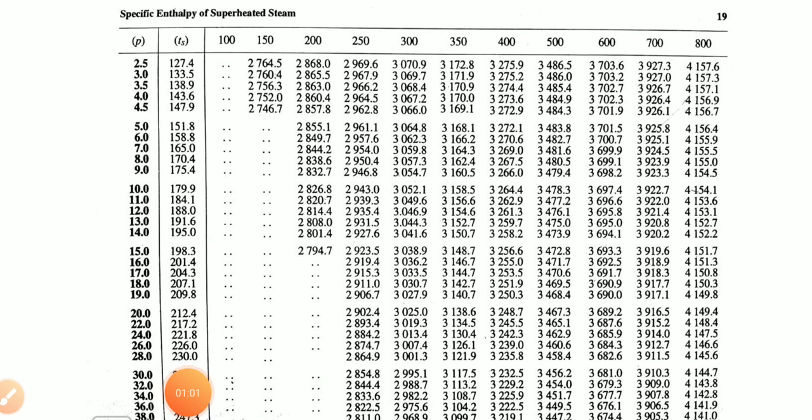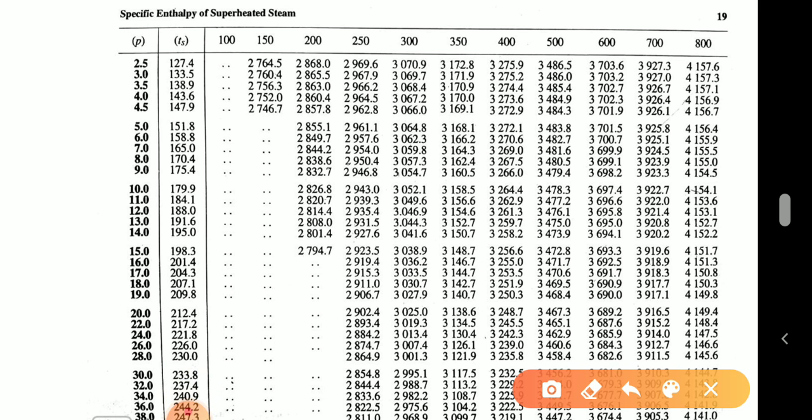So now we will draw the TS diagram of a Rankine cycle. Before drawing the TS diagram, we have to look into the position of state 1, the steam entering the turbine, whether it is superheated, dry saturated or wet. Using the table, at 20 bar pressure, the saturation temperature is 212.4 degrees Celsius.